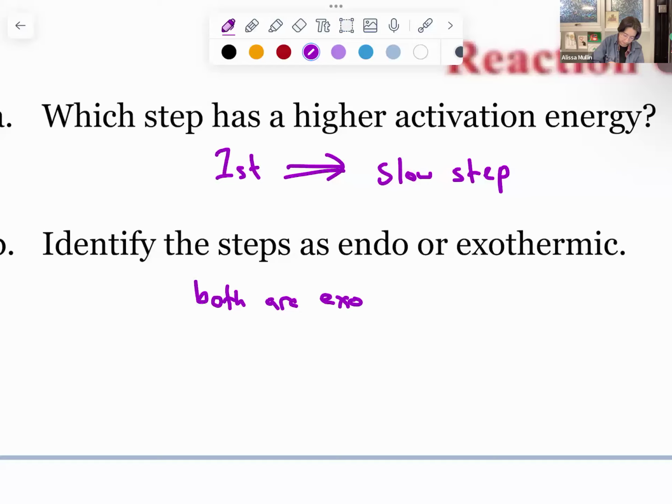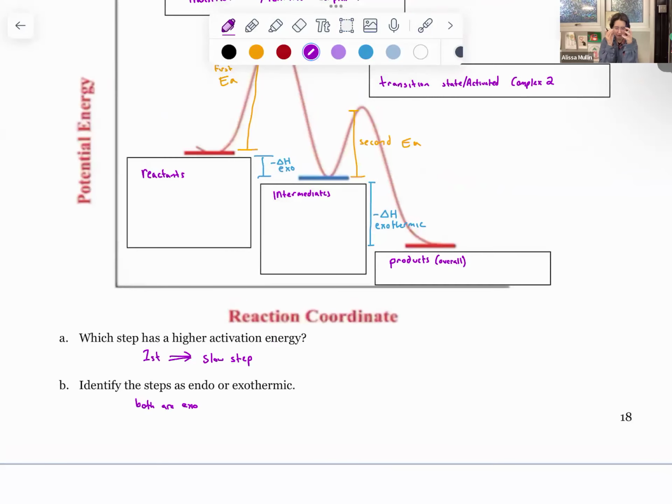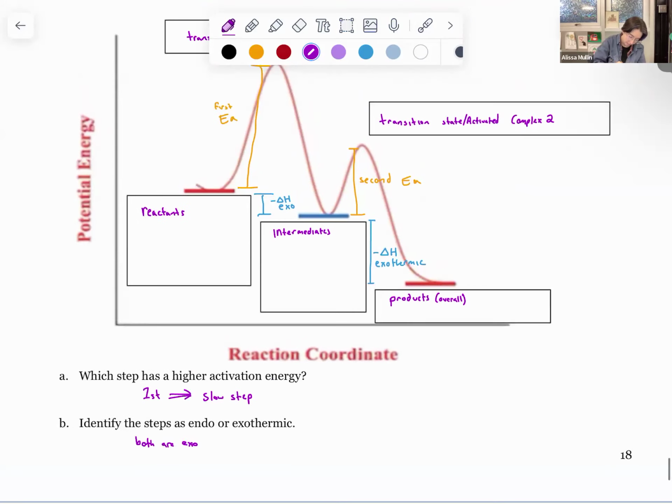I'll also point out that we could focus on one step at a time, which is what I showed here, or we could focus on the reaction overall. In this case they're all exothermic, but it could be different. Maybe you have one endothermic step, where the energy has increased, but overall you still get a decrease in energy. So let me mark that on here.